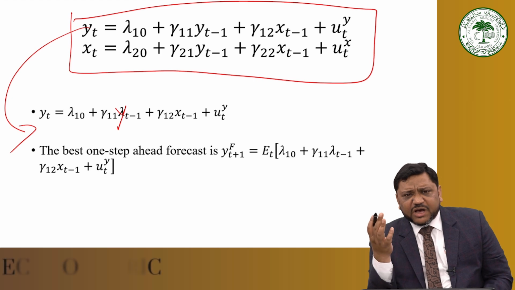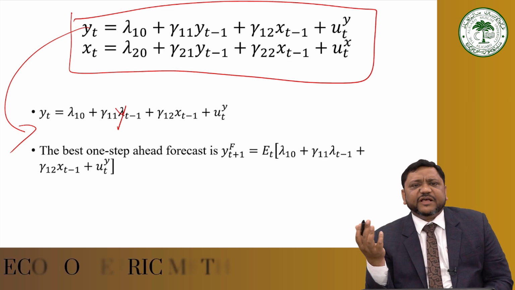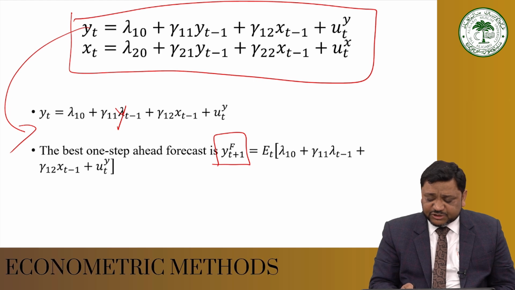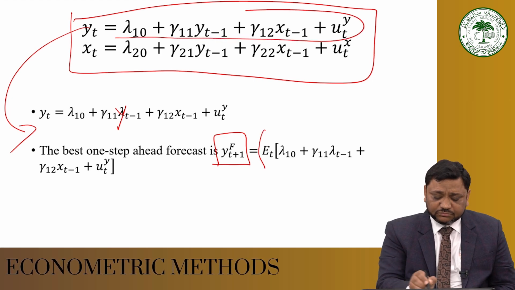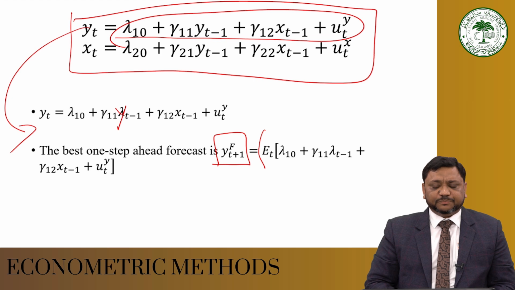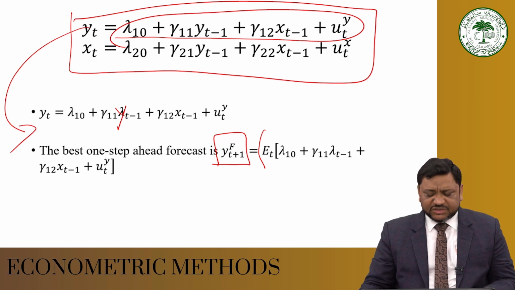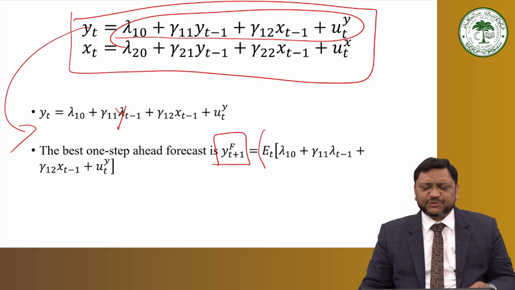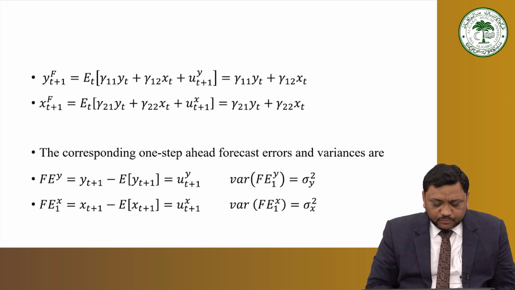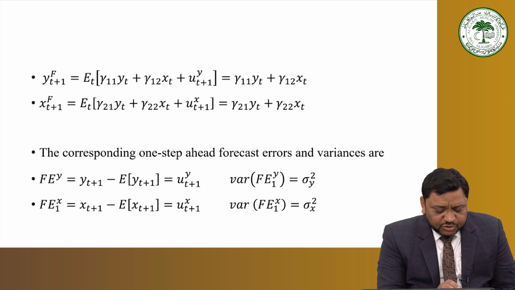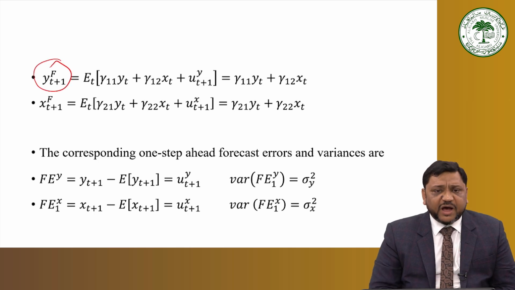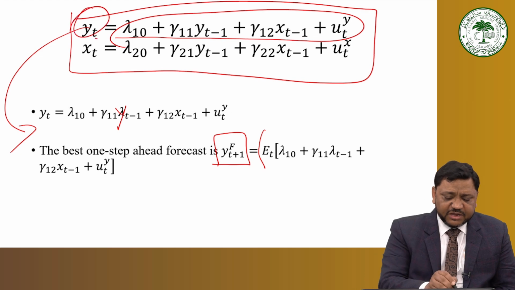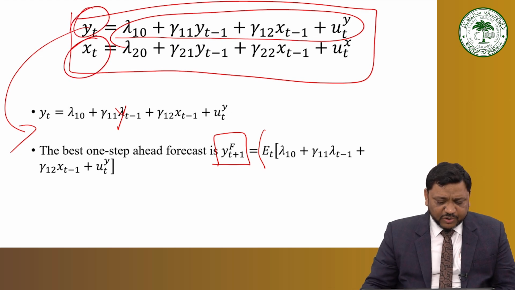Now, the best forecast will obviously be the expected value. So the forecast for this period is nothing but the expectation of this term. The best forecast is the one step ahead forecast, and the best one is the expected value. So for the forecast of y at t plus 1, initially we had t, now we have t plus 1.